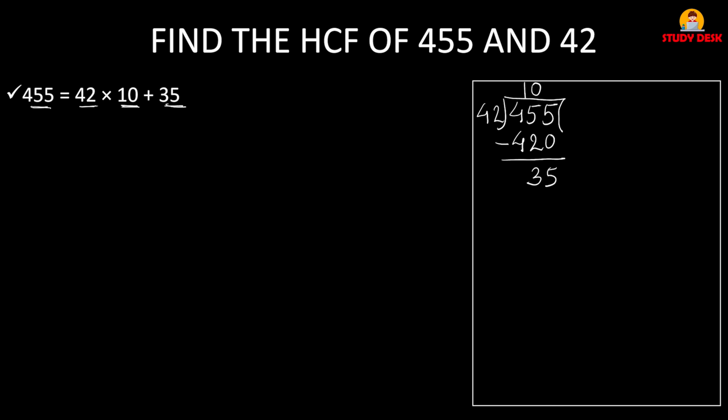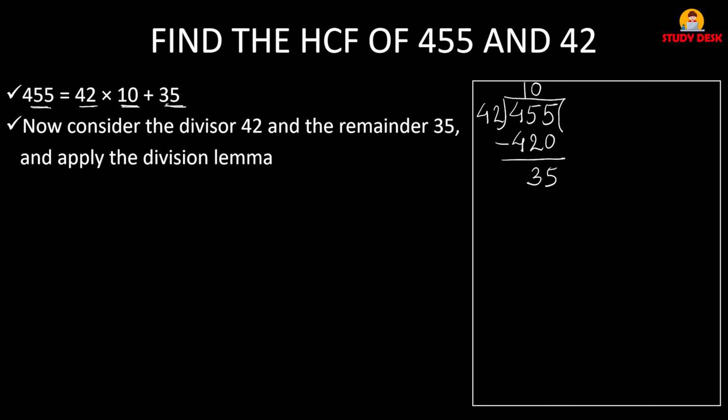So, what are we going to do now? We'll consider 42, which is the divisor, and remainder 35 and apply the division lemma again. So, while applying the division lemma again, here 35 will be our divisor and 42 will be our dividend.